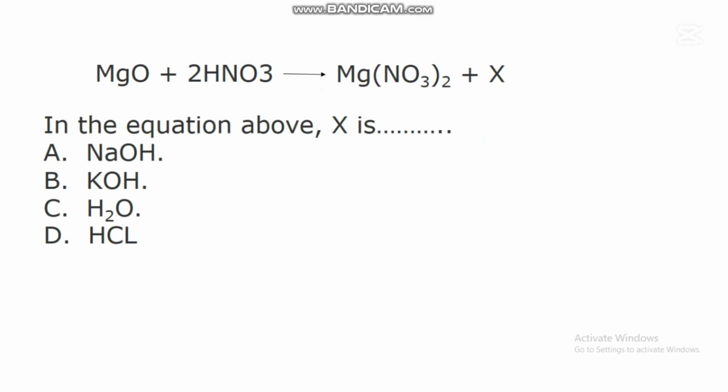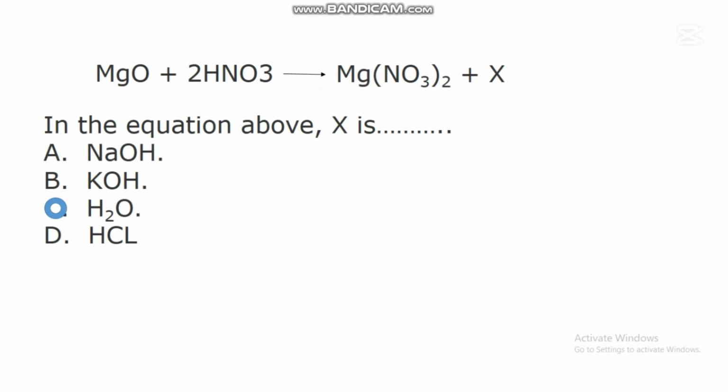The next question says, in the equation above, X is dash. A. Sodium hydroxide. B. Potassium hydroxide. C. Water. D. Hydrochloric acid. In this question, the correct answer is C. Water.